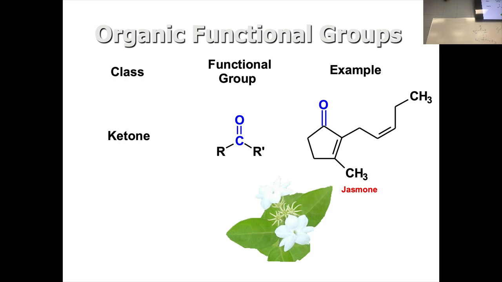Where do you think that comes from? Jasmine. Yeah, the jasmine flower, right? So you get this particular molecule. It has a ketone, and it is fragrant. People use it for a variety of different things. The example that I have written up here is acetone. This is your fingernail polish remover, your paint thinner, whatever you want to use it for. It is a ketone. It is not an aldehyde.